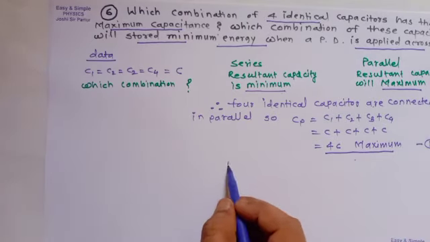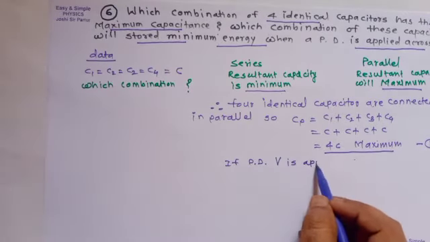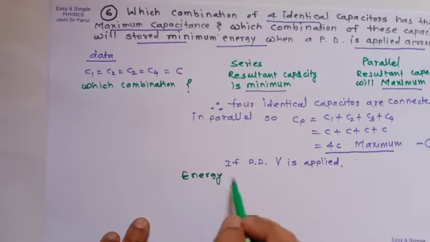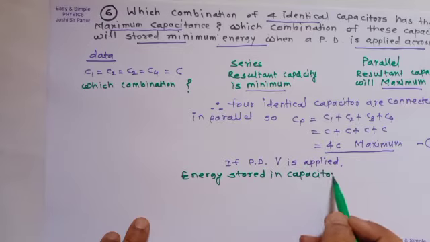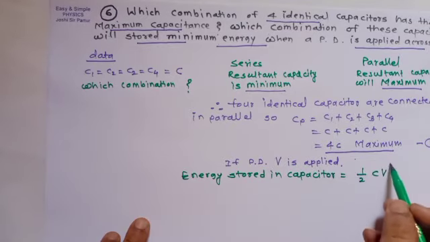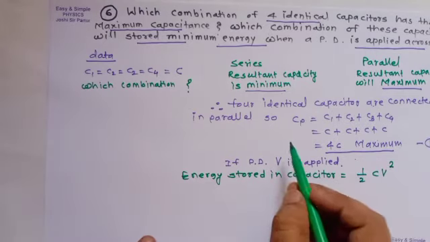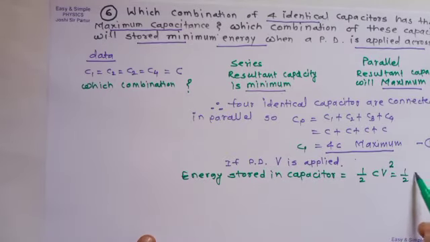So if potential difference V is applied, for the energy stored in a capacitor, it will be half CV square. If we use it for parallel, capacity will be Cp, then half Cp into V square.